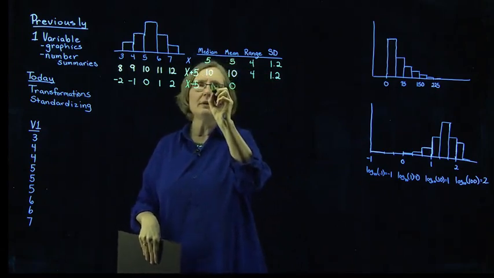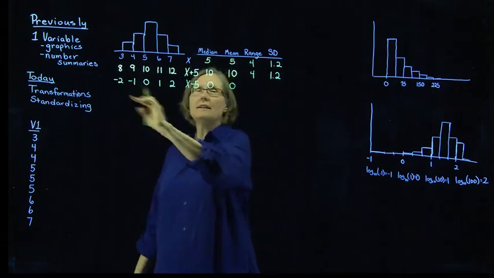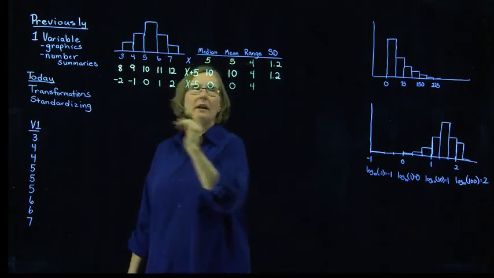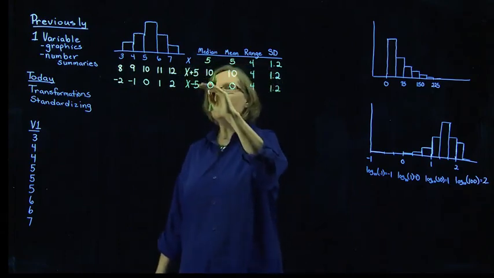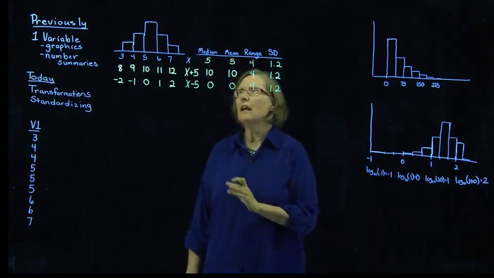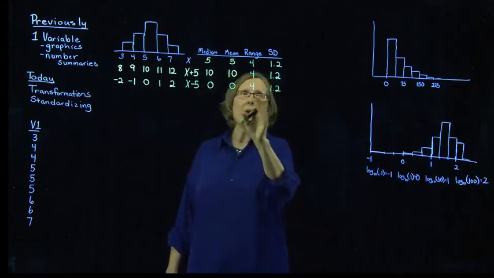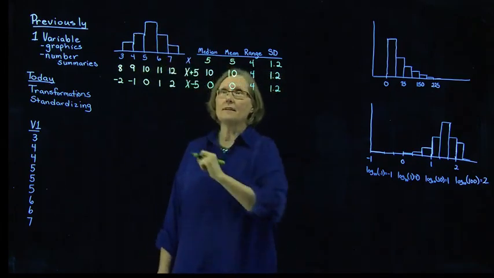Because we've got a symmetric distribution, the median is also 0. The range continues to be 4, and the average distance to the mean stays at 1.2. So both for adding or subtracting a constant, it shifts our distribution so that the mean and median change, but the range and standard deviation stay the same, and the shape stays the same.